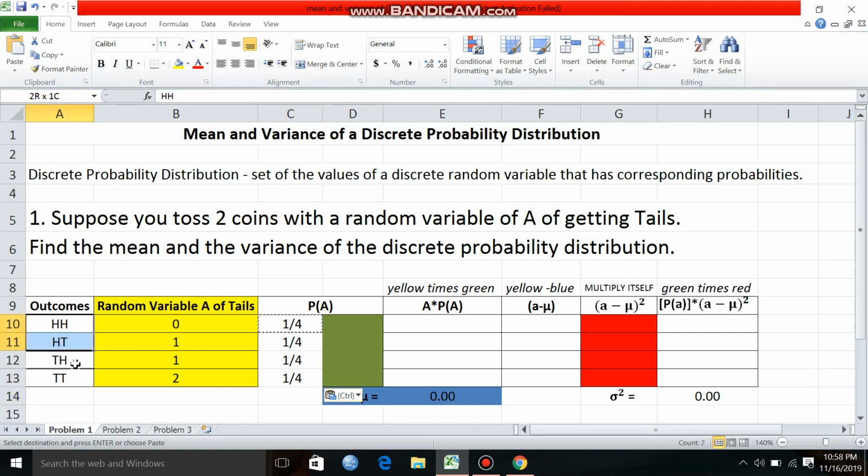These 4 outcomes have equal chances of occurring if you flip two coins.